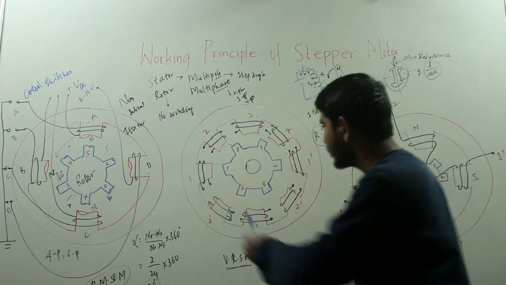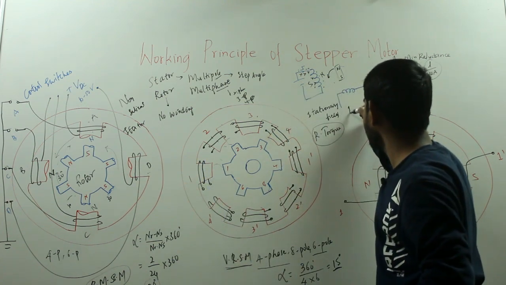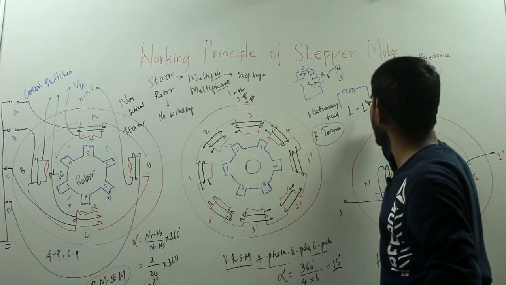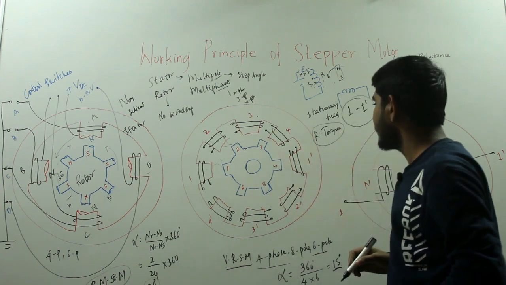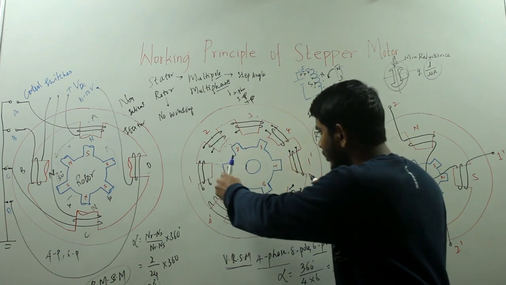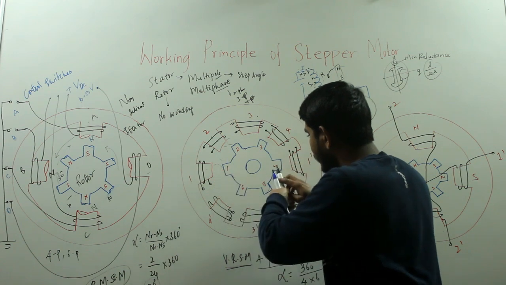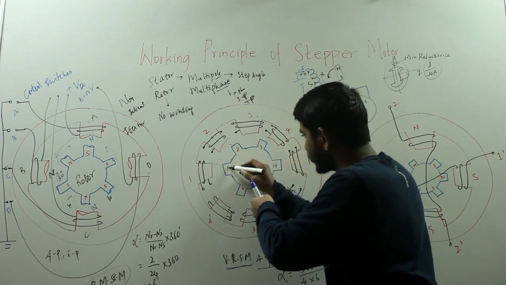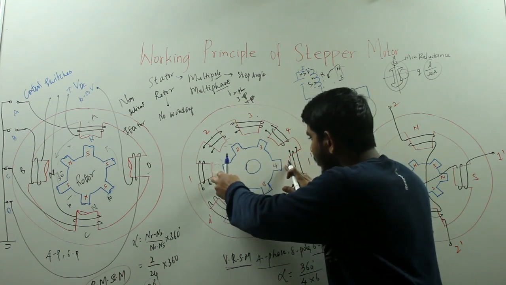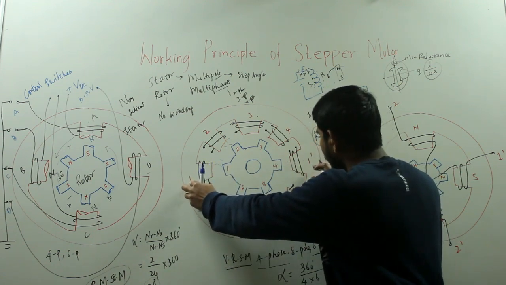Suppose the stator phases 1, 1 dash are excited with a DC voltage. When phases 1, 1 dash are excited, this will be the position of the rotor poles. Here it is 4 and 1, where the rotor poles 1 and 4 will align with the stator poles 1, 1 dash.